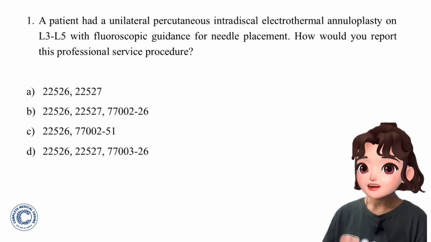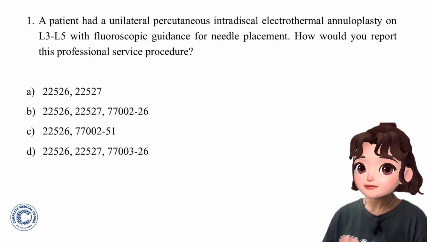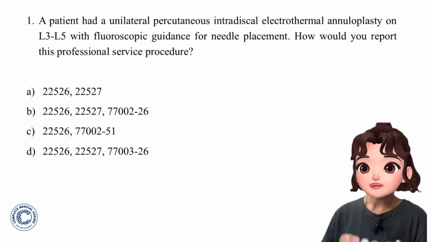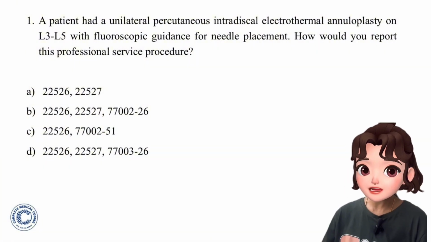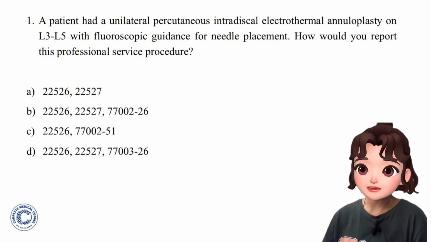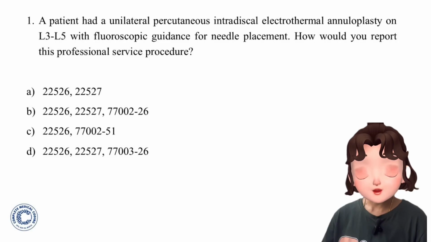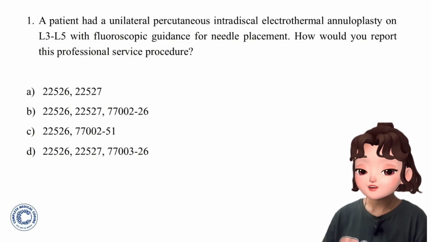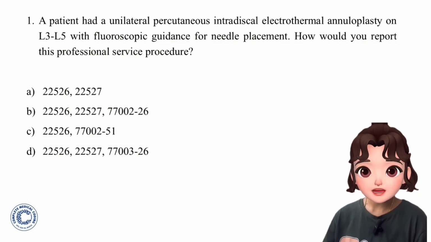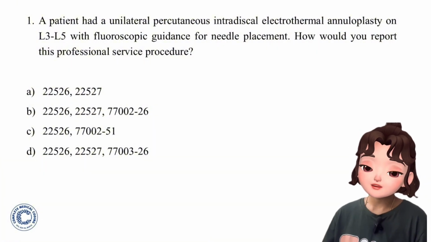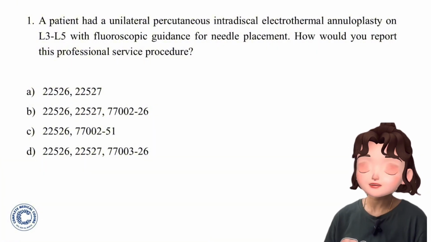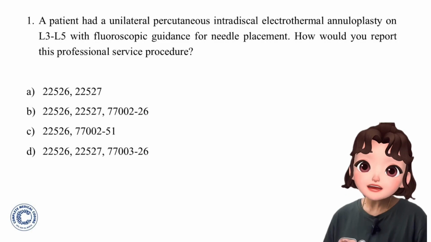This is exactly the procedure carried out here. Unilateral or bilateral is mentioned in the description, so in our question it is unilateral, that doesn't matter. Ours is also with fluoroscopic guidance, so till there it is correct.